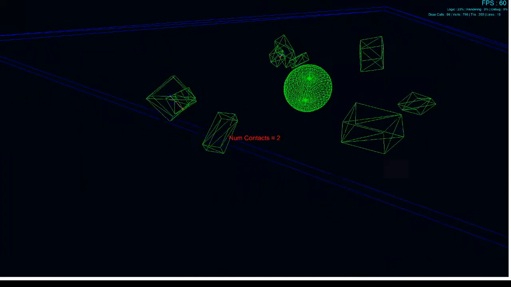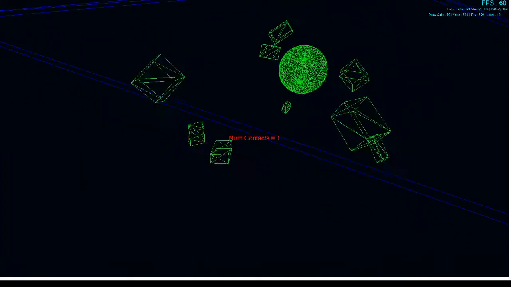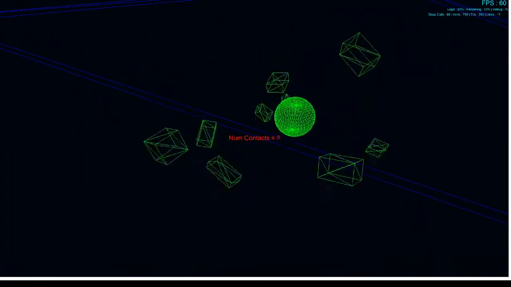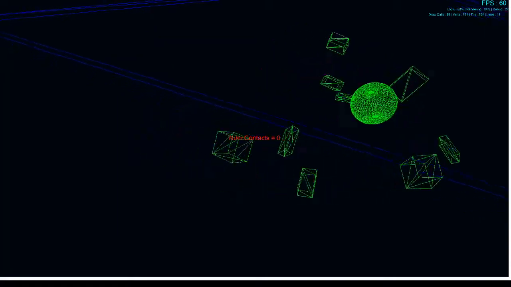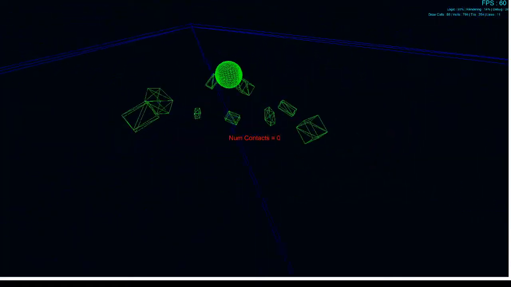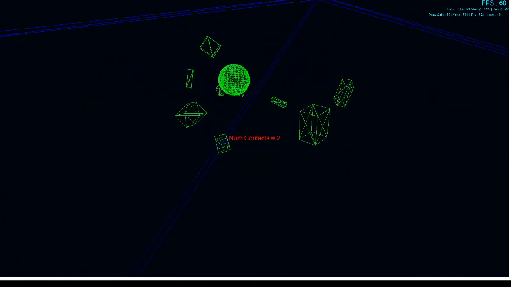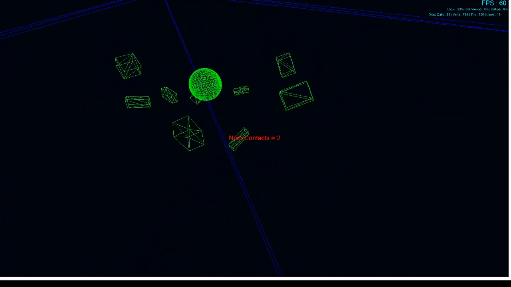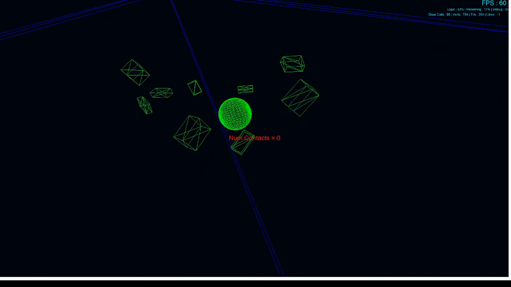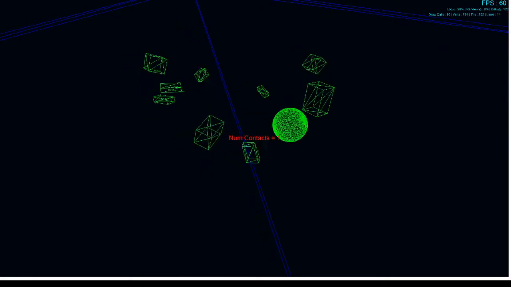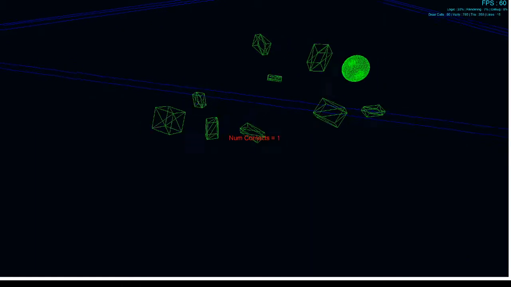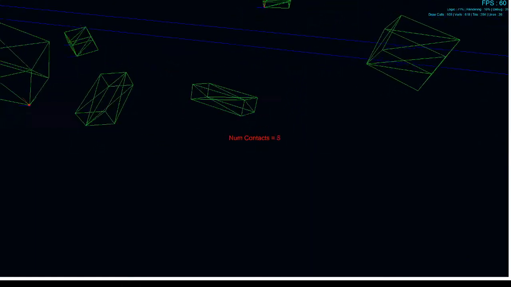So that's a lot fewer. If I play, this is what it looks like. And this itself already looks okay, even though we don't have any sort of penetration code. I don't know if you can tell, there is definitely a little bit of lag still, and I can notice that.